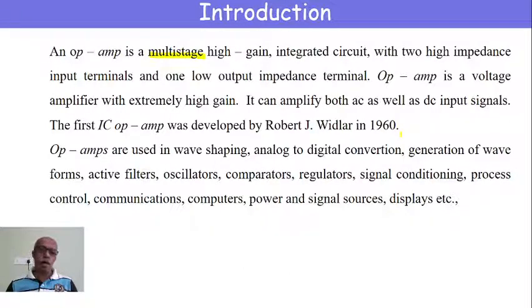To name a few, they are used in wave shaping, in the conversion of analog to digital circuits, in the generation of waveforms, in circuits which work as active filters, in oscillator circuits, comparator circuits, regulator circuits, signal conditioning circuits, processing control, communications, computers, power and signal sources, display devices, etc.